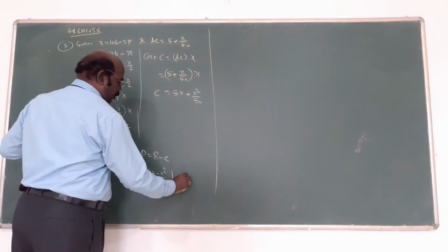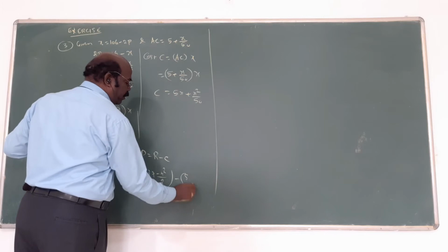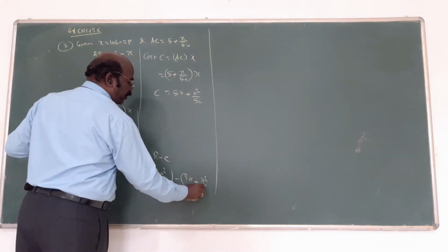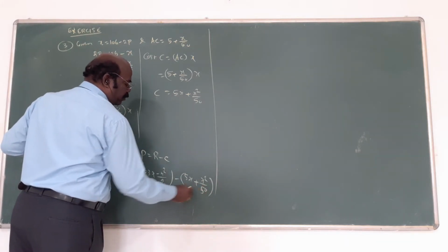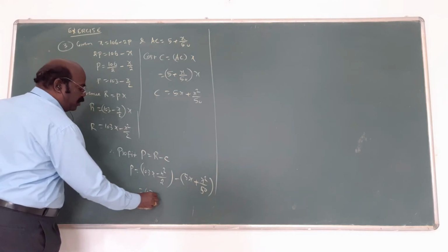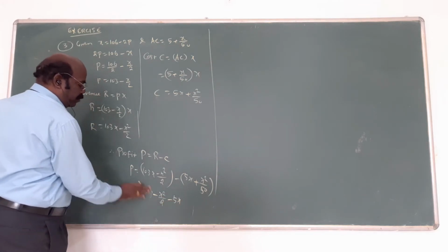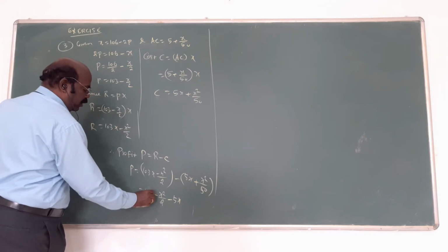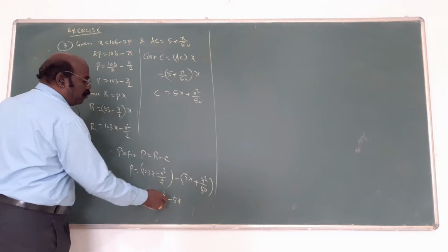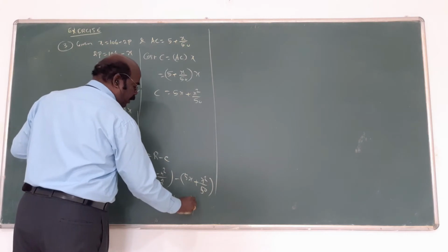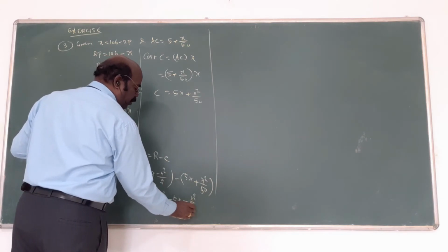C is 5x plus X square by 50. Now, 53x minus X square by 2 minus 5x minus X square by 50.